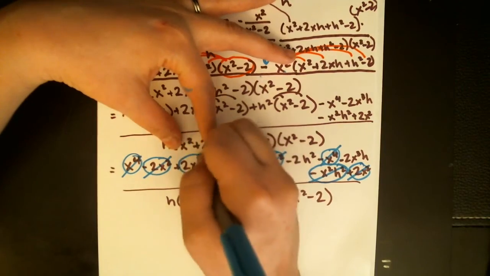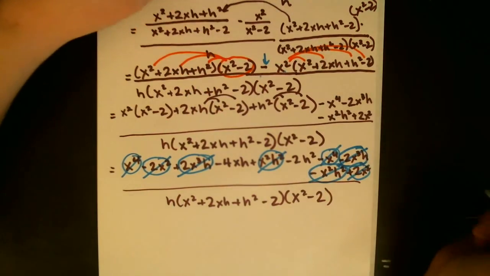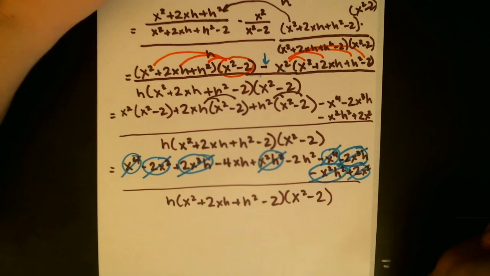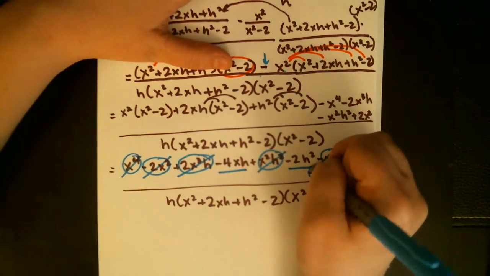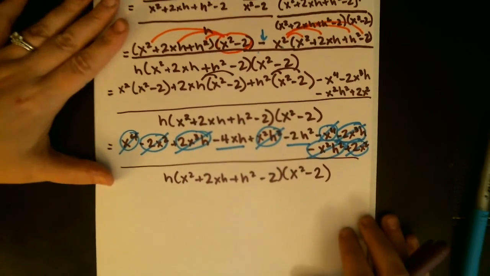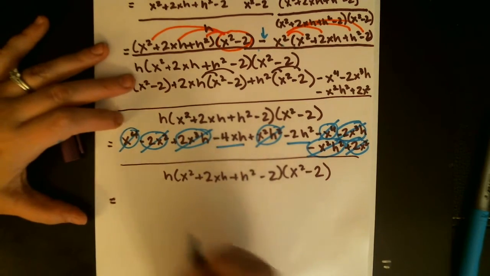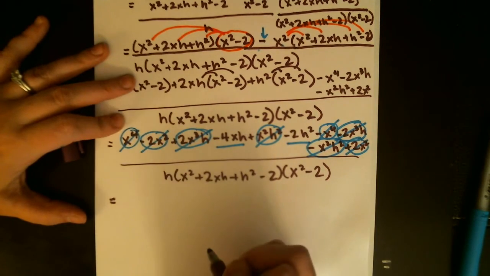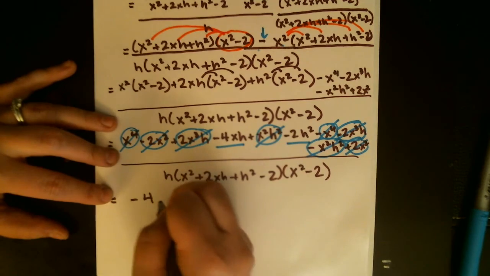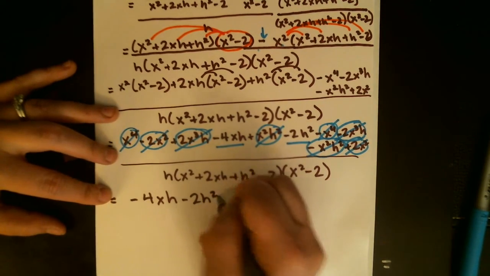I see a 2x cubed h and a negative 2x cubed h. And I think I'm left with just these two. Okay, so really close. We have made it to, what have we made it to? A negative 4xh minus 2h squared.